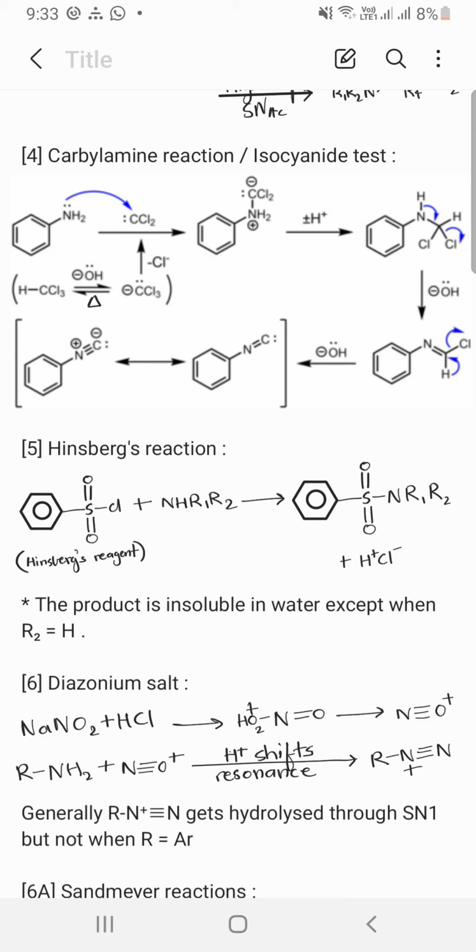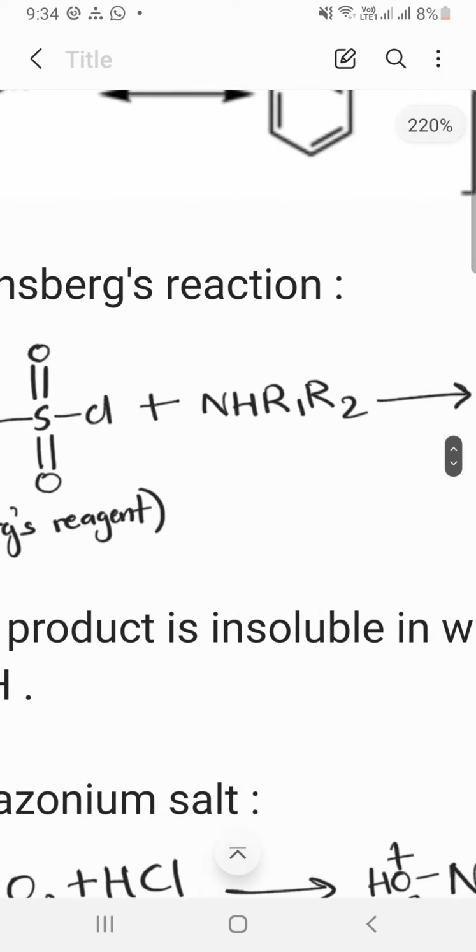Next, Hinsberg's reaction. Okay, what is this? R is insoluble in water except when R2 equals H. Okay, so what you're saying is that if this amine is 2 degree, then this product will be insoluble.